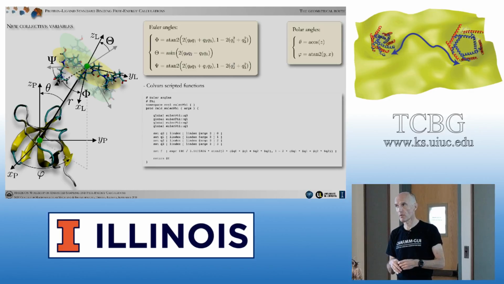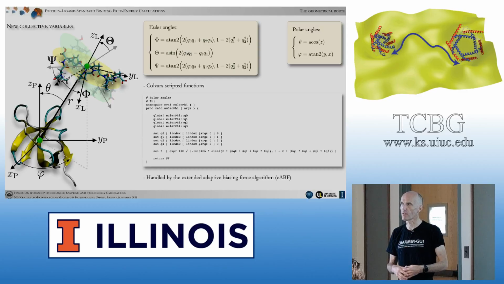In the past, until very recently, you had to define these groups of atoms that I was mentioning, to basically define the relative positions of 3 groups of atoms in the protein, 3 groups of atoms in the ligand, so that you can define a frame of reference in each of them. These 2 frames of reference are used to basically define the relative orientation and position of the ligand in the protein. Well, now we don't need to do that.